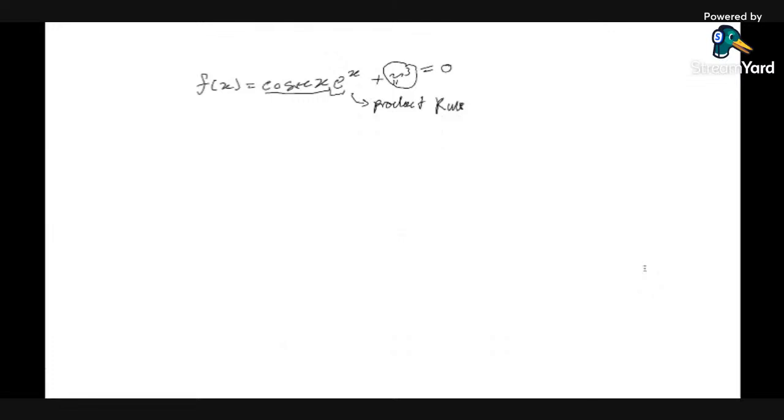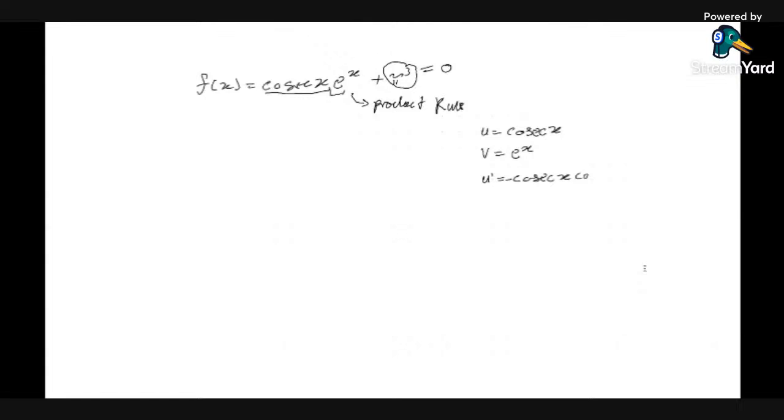Okay, so we're going to use the product rule. So let's make our u equal cosec of x, and then our v equal e to the power of x. And then u prime equals negative cosec of x cot x.